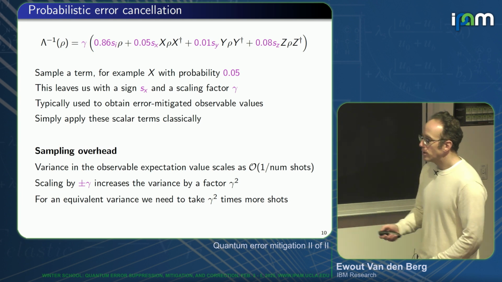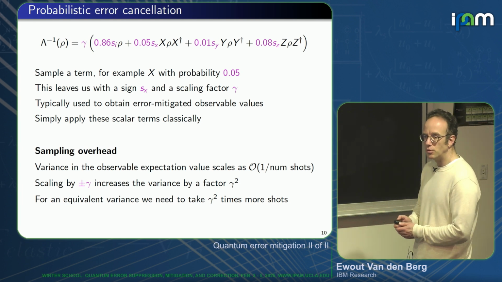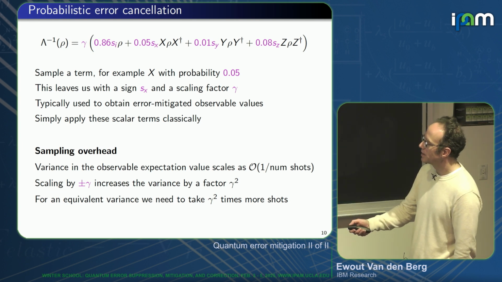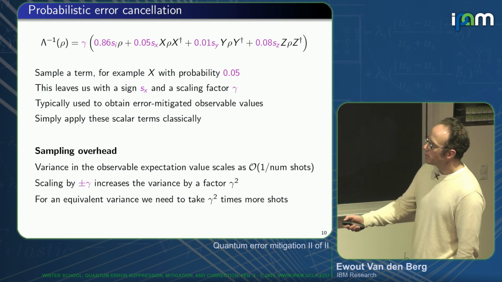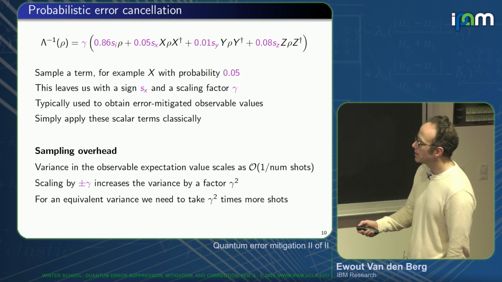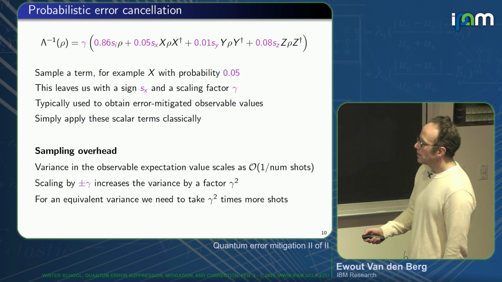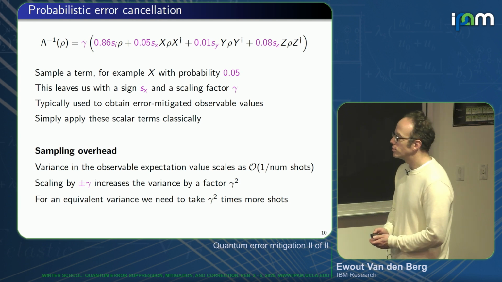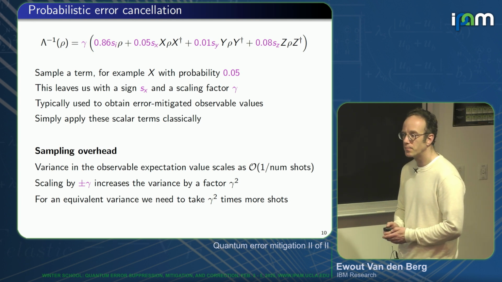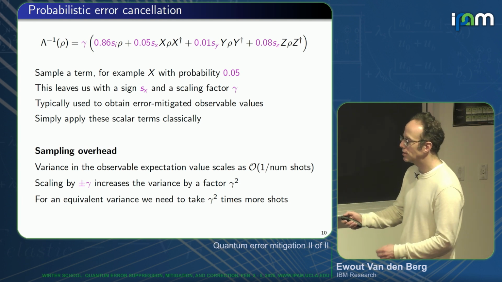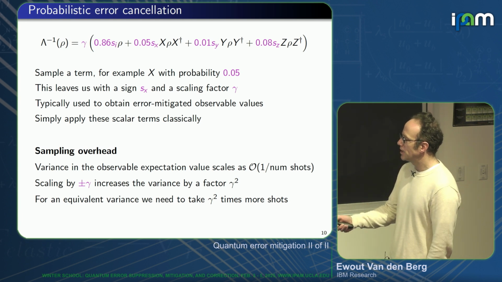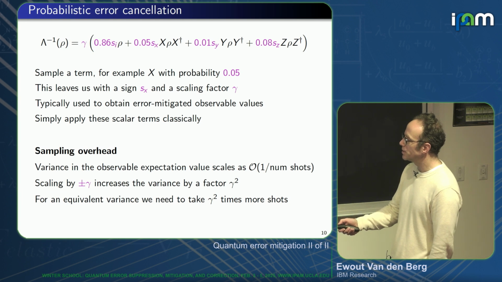So if you apply PEC to implement the inverse noise map, that does mean you have to scale your observable values with this gamma parameter, right? Normally, the variance in some observable expectation values scales as 1 over the number of shots. So if you take a lot of shots, then the variance in your empirical expectation value just decreases.